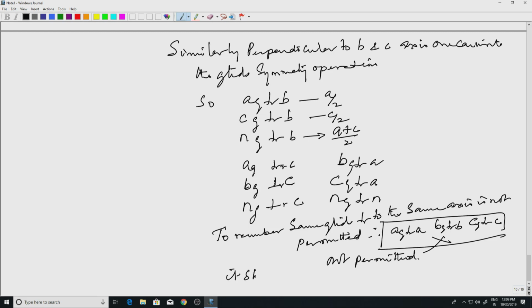it shows the image is moving perpendicular to the plane of reflection.